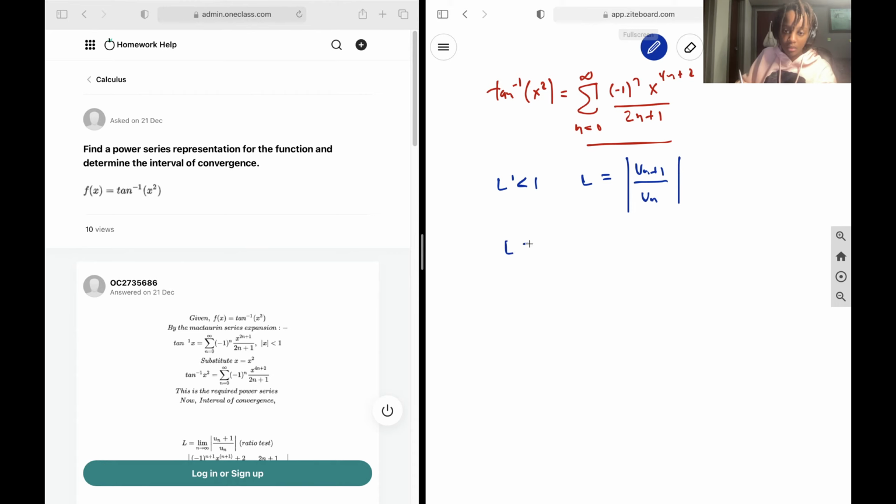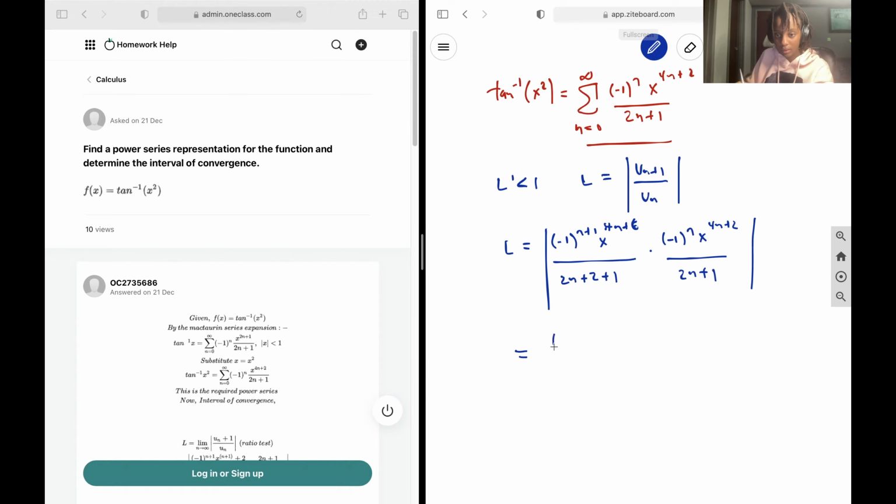So L is going to be equal to (-1)^(n+1) x^(4n+6) all over 2n+2+1, multiplied by, this is going to be the u_n part, so (-1)^n x^(4n+2) all over 2n+1.